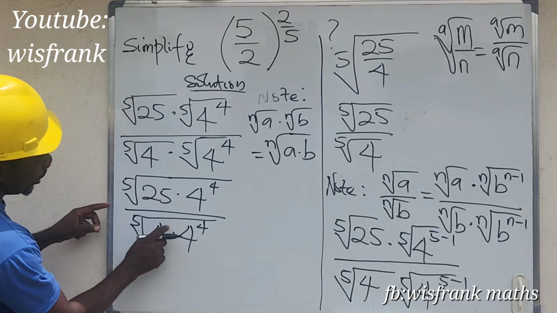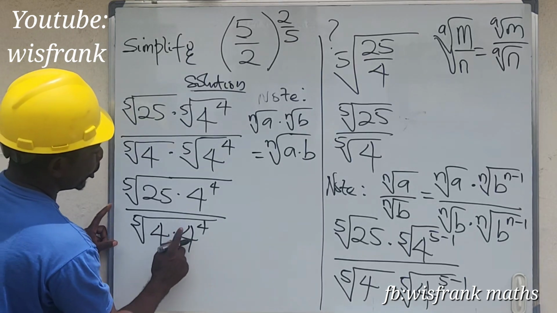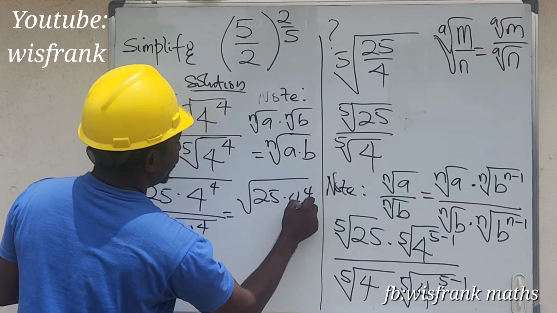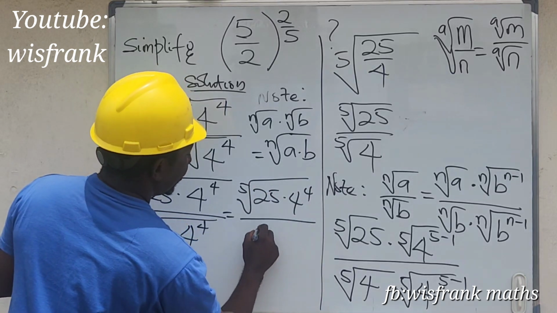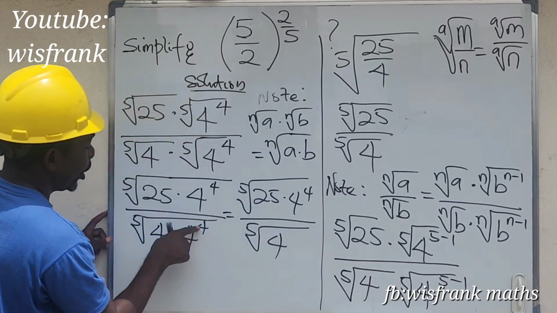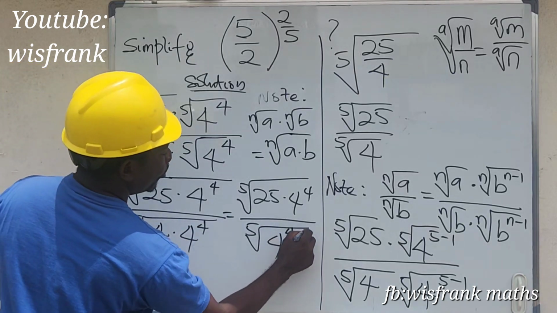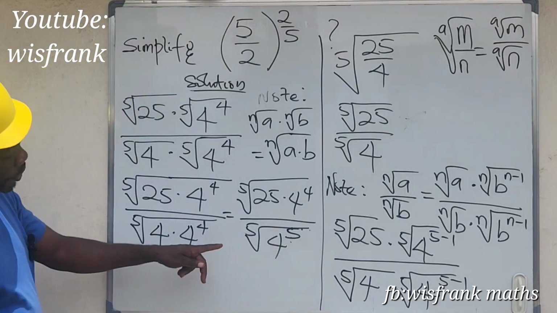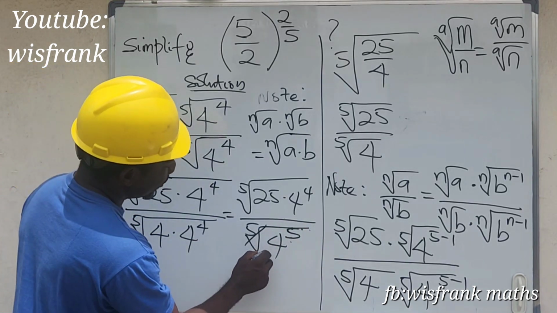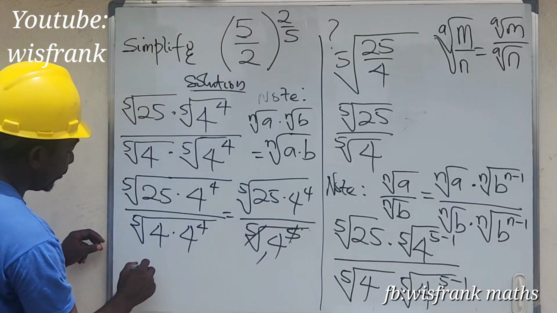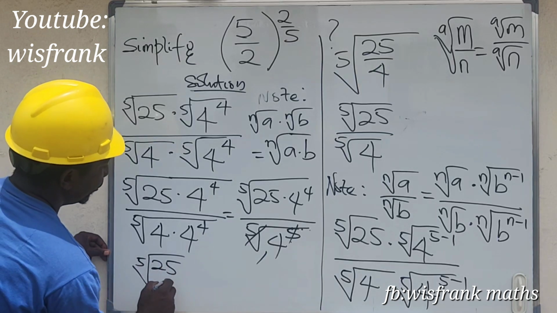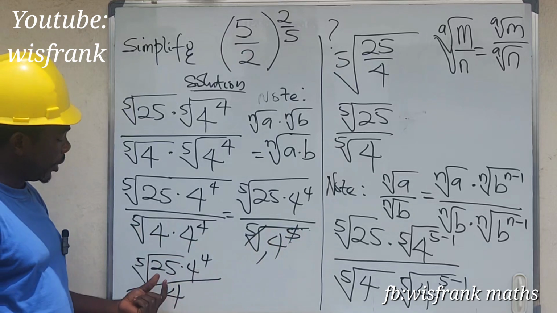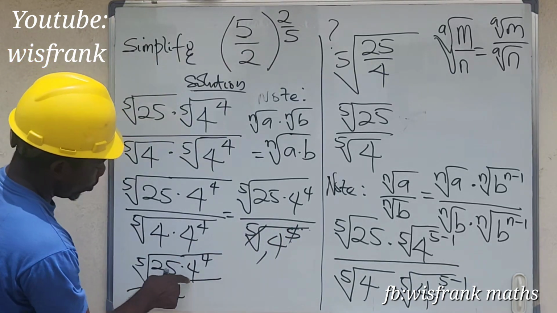This one has the same base, so this will become the 5th root of 25 times 4 raised to the power of 4, all over the 5th root of 4. When we add the powers, it is 4 plus 1, which is 5. You can see here, the 5 will cancel here and the 5 will cancel here. So we are now left with the 5th root of 25 times 4 raised to the power of 4, all over 4, because this one cancels here. So this is what we have now.